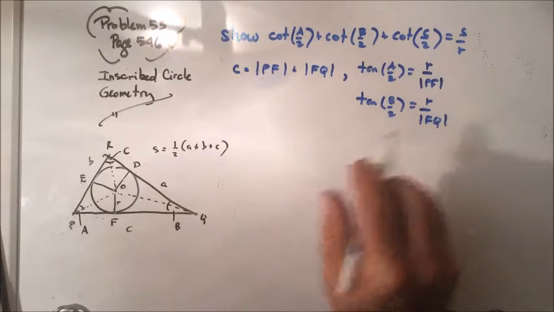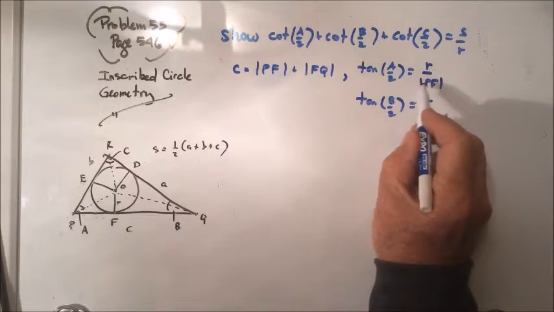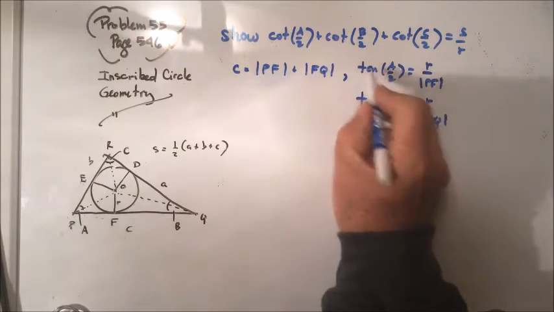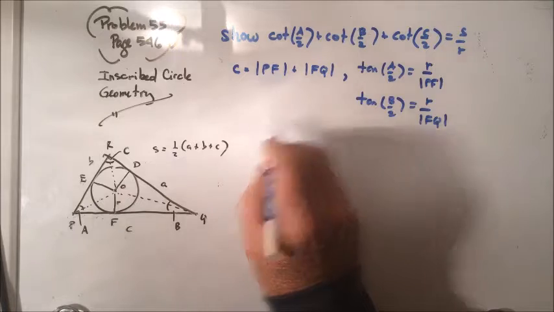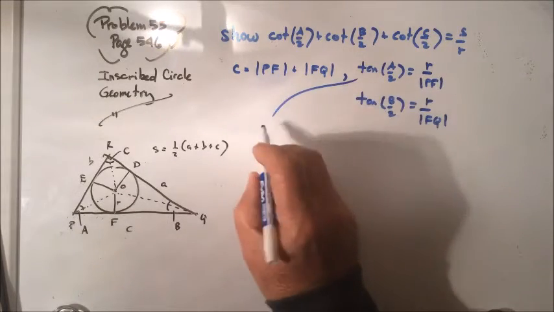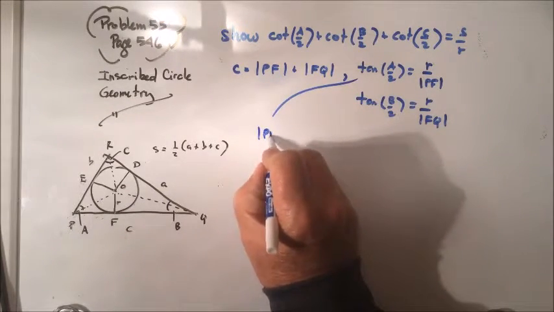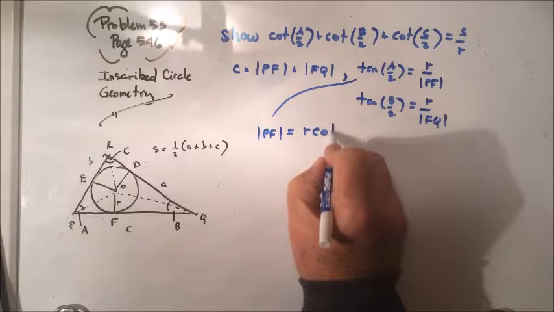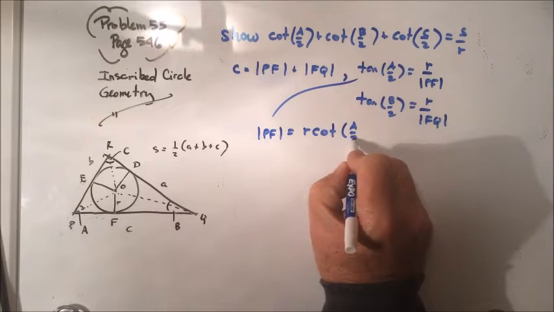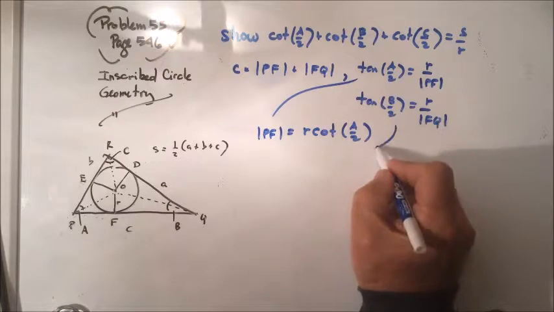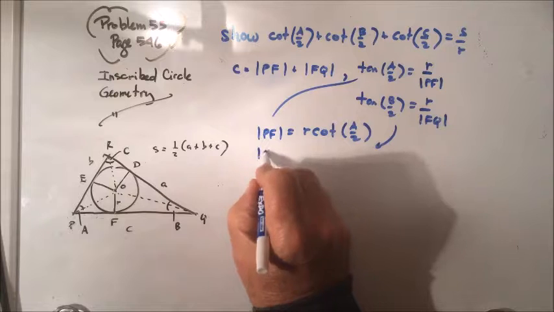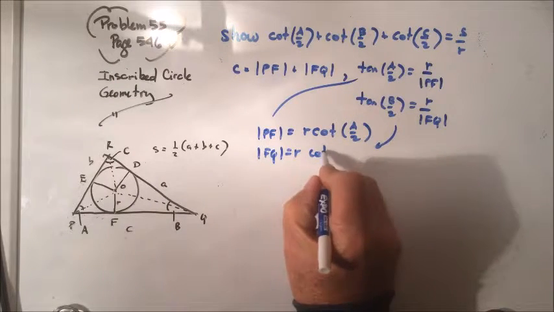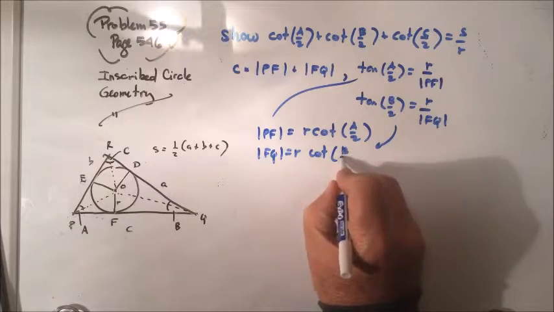Let me do this explicitly, then I'll do the rest a little quicker. If I look at this relationship, I can move PF up here, tangent down to the bottom. I can rewrite this relationship as PF is equal to R times the cotangent of A over 2. And I can rewrite this relationship as FQ is equal to R cotangent B over 2.